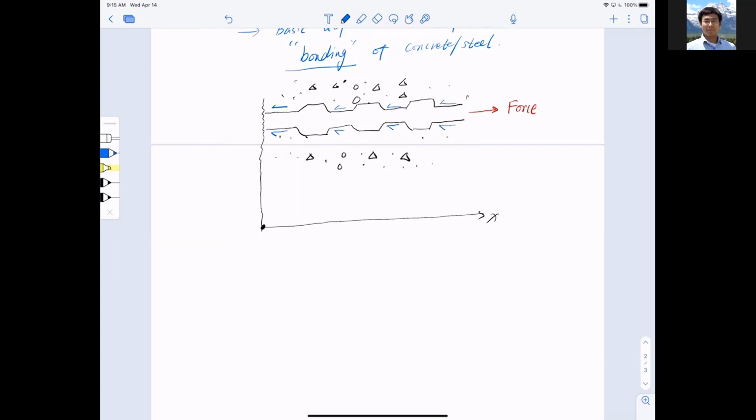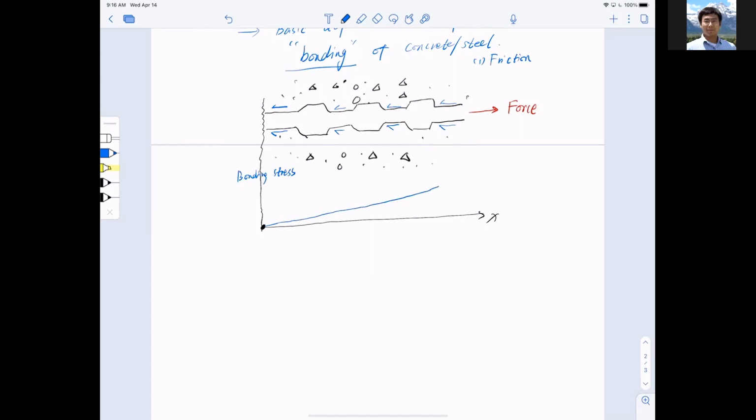Friction is one component that contributes to this bonding stress. So as you imagine, all this adds up.